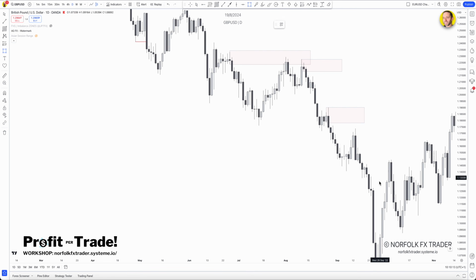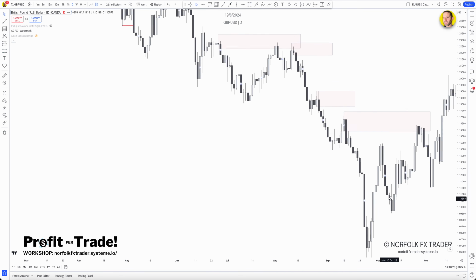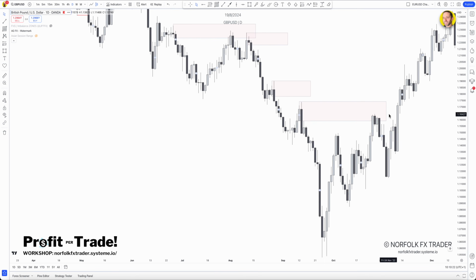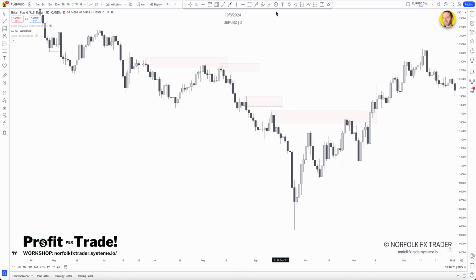Here, this time it is a structure break. This becomes a new area of supply. And we do come back into that supply this time. But at this point, we shift the structure back bullish. And as we do this, we can identify where the market starts to create this bullish order flow with demand.